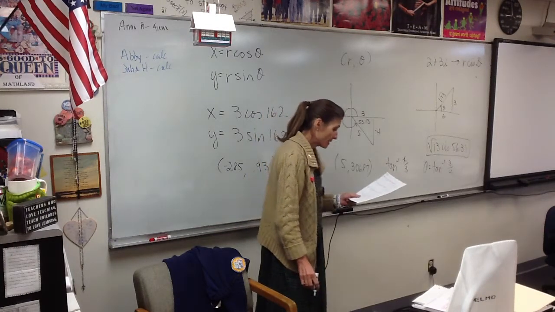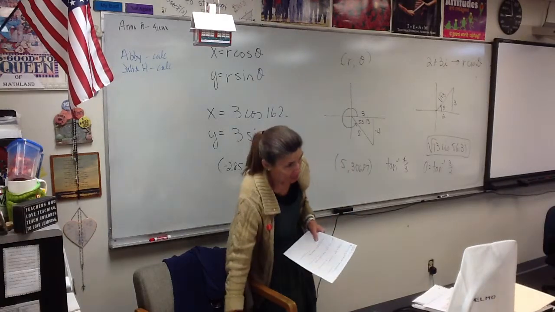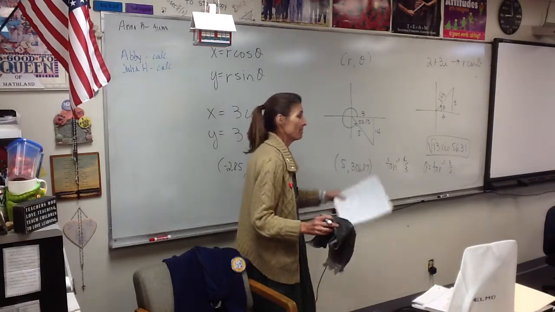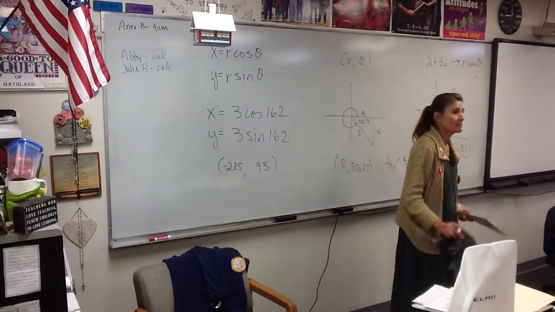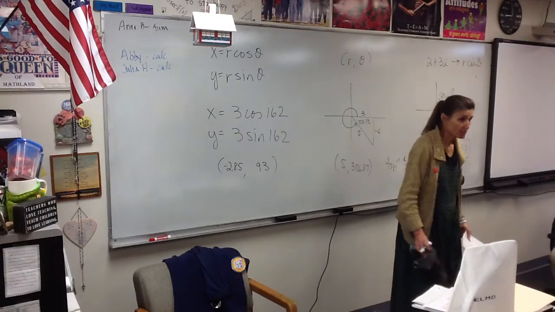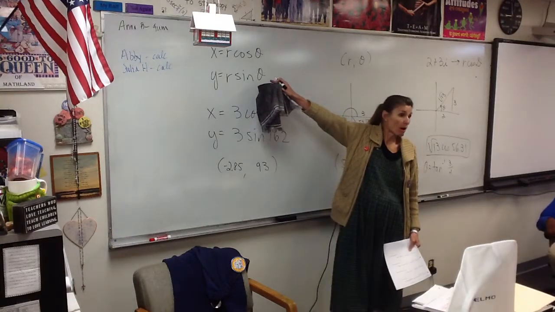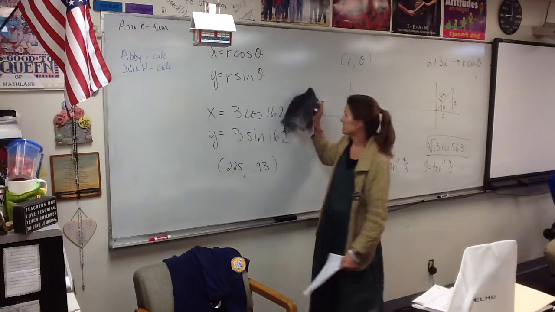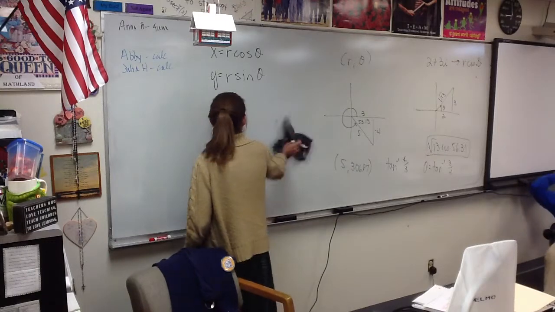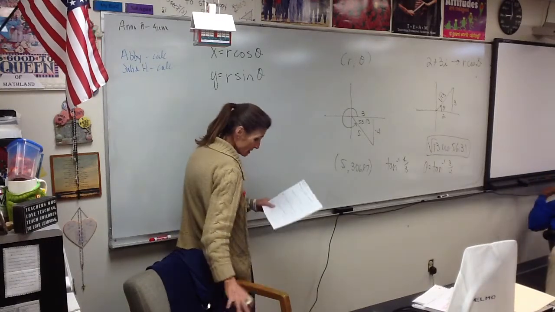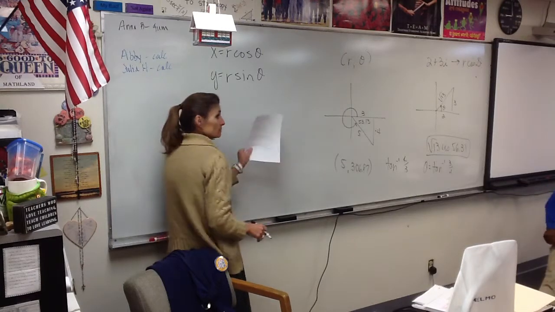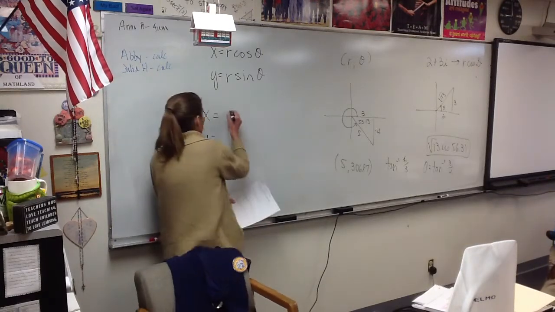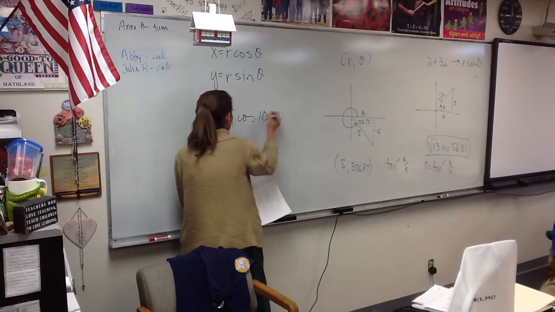Number 4, convert to rectangular. Okay, now stop. When it says convert to rectangular, what does that mean you're looking for? X and Y. And how do we find X and Y? That's right, it's still right here. It's exactly the same thing, kids. So what's R going to equal? 5. X will equal 5 cosine 100.